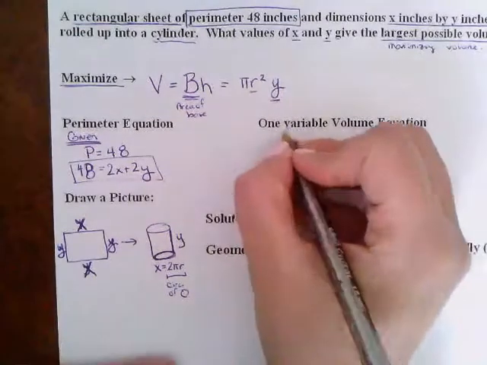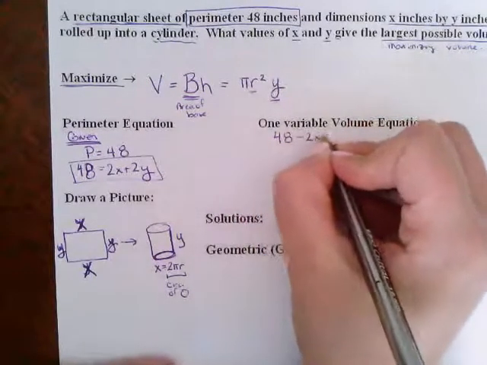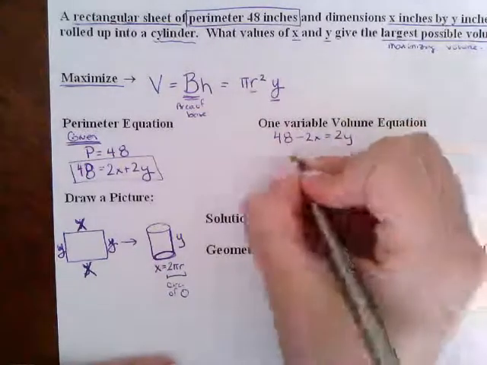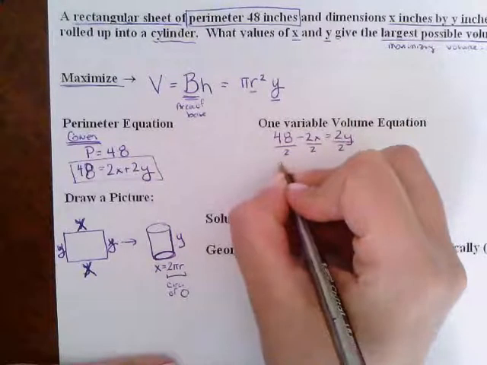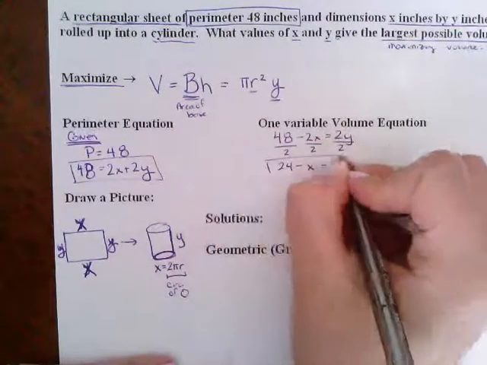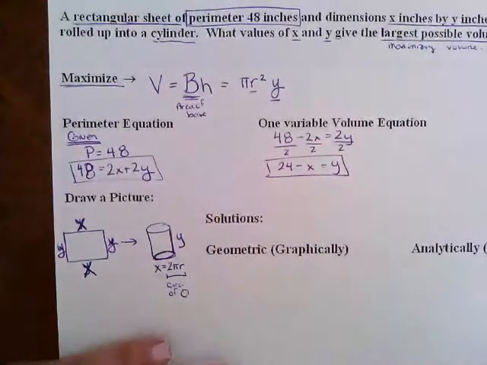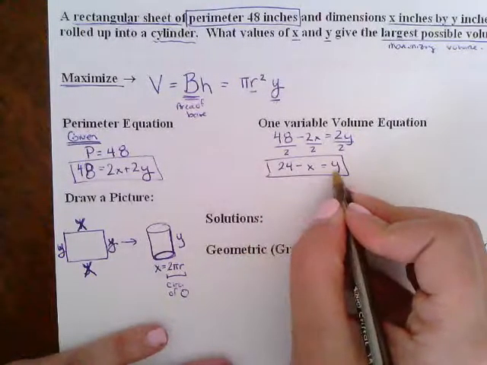So I'm going to solve for y. You take 48 minus 2x equals 2y, and then you divide everything by 2. So you end up with 24 minus x equals y.